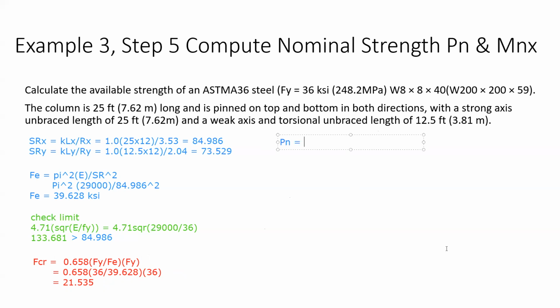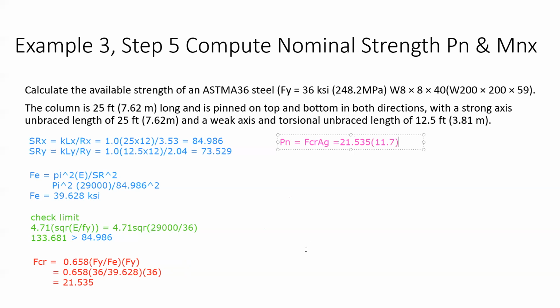This is FCR times Ag. We solved FCR here as 21.535. Ag natin is 11.7.